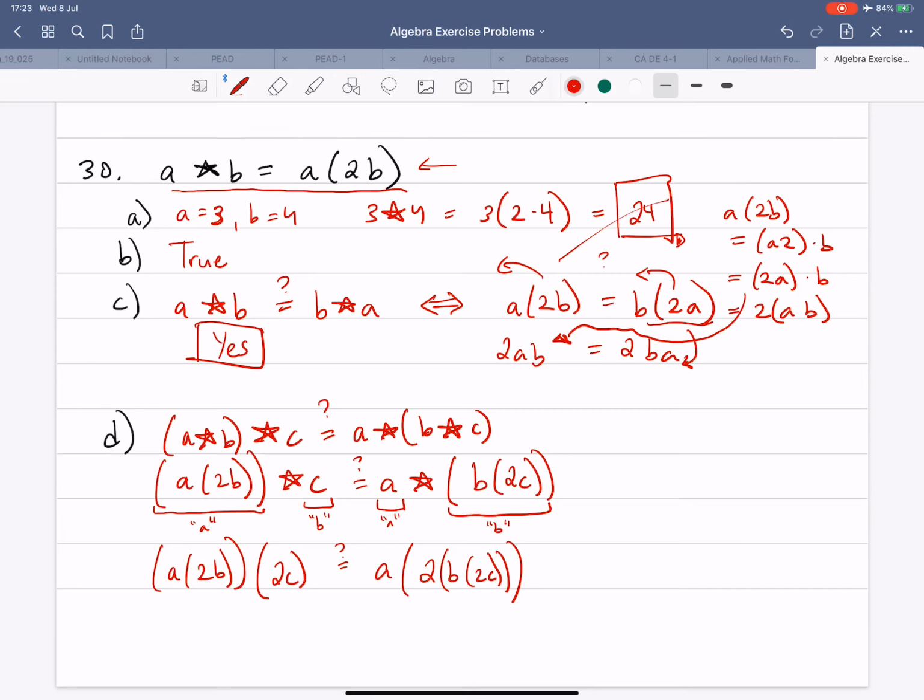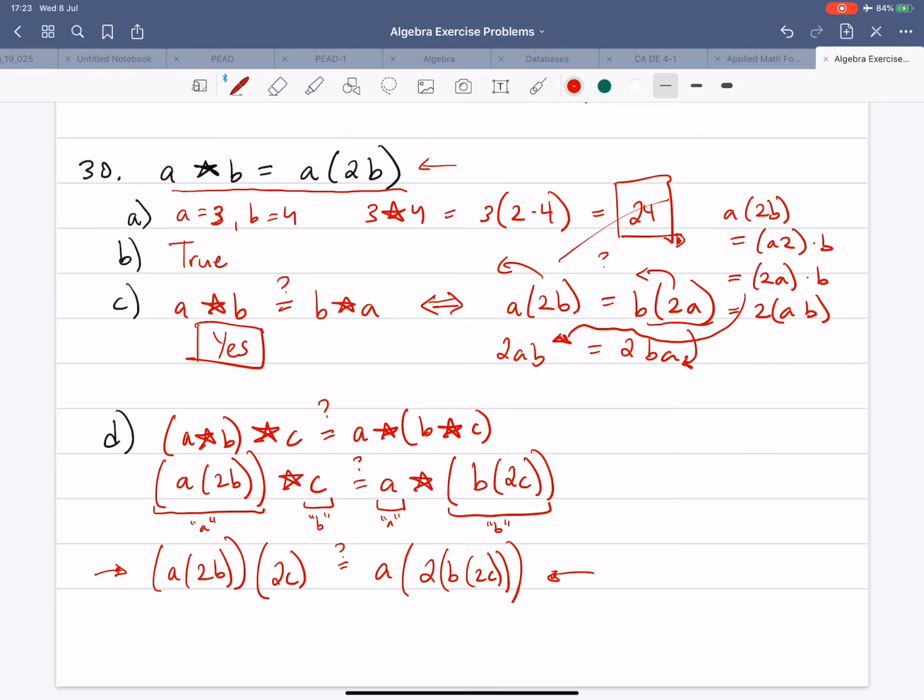All right. If we do some rearranging, we'll start with this expression here on the left, and we're going to try to see if we can make it look like this expression here on the right.